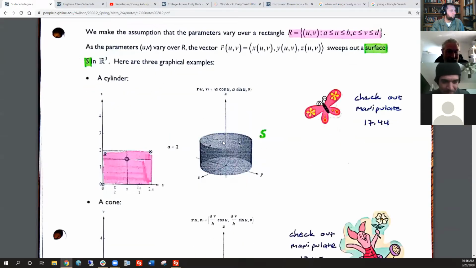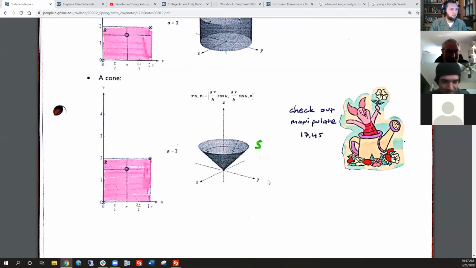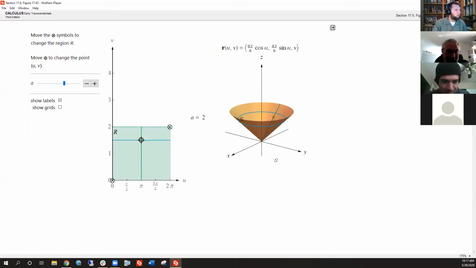All right, so that was a cylinder. Again, notice a rectangular domain. Let's look at a cone. So here you can think about a cone as having two shapes happening.